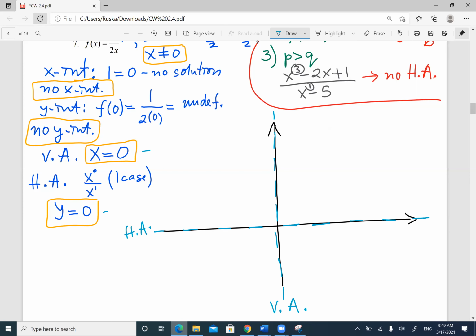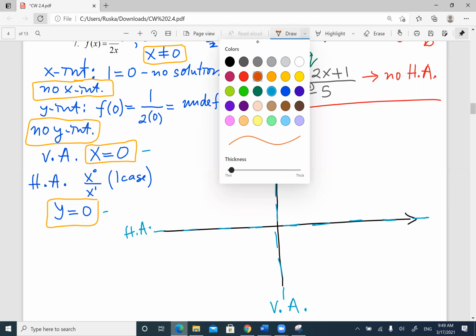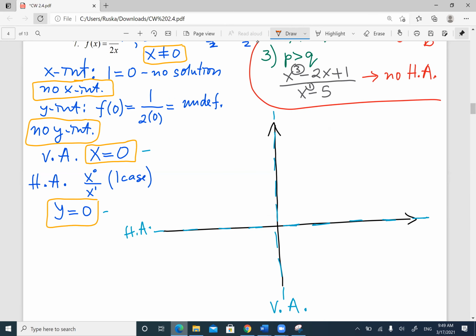So now, where's the graph? There are going to be two pieces of the graph. That's where you start. You start with how many pieces you're going to have. You're going to have two pieces: one graph to the left and one graph to the right of the vertical, sorry. We're always looking at the vertical asymptotes. So one piece on the left, one piece on the right of the vertical.